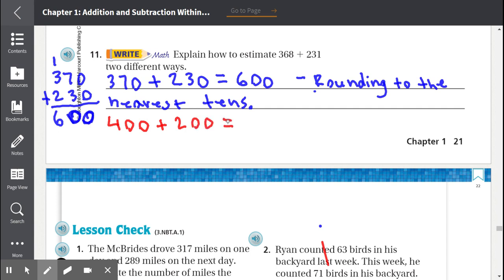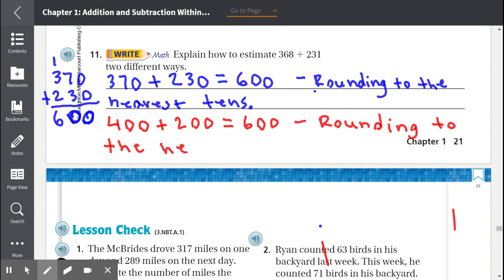So 400 plus 200, that's easier to solve because we're adding with zeros with straight hundreds. So 400 plus 200 would equal 600. And this is rounding to the nearest hundreds.